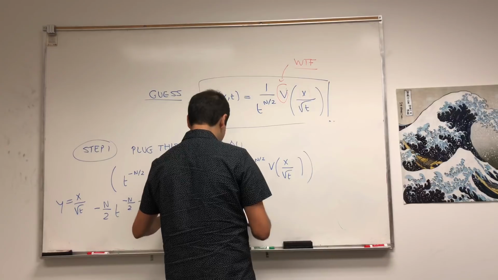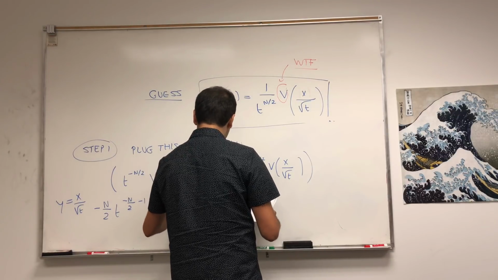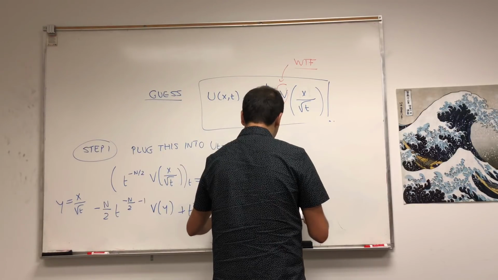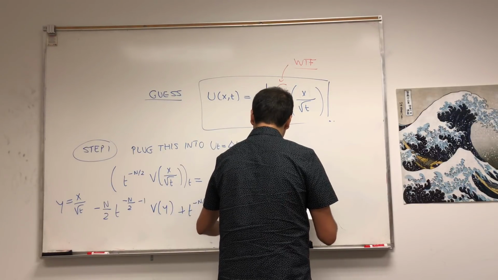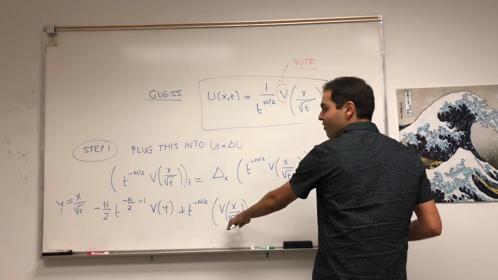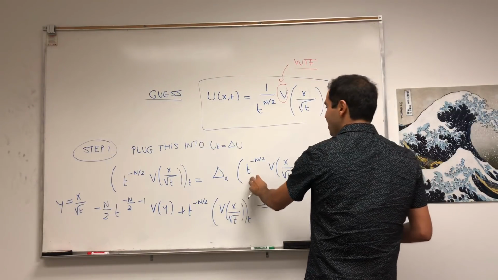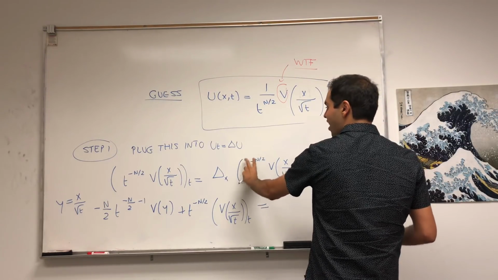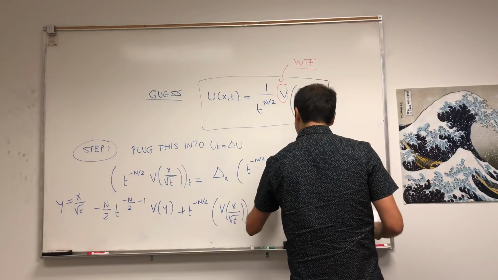And then plus t to the minus n over 2, v of x over square root of t, t. And I will calculate this in a second, but the Laplacian term is actually much easier, because this is constant with respect to x. So this comes out.